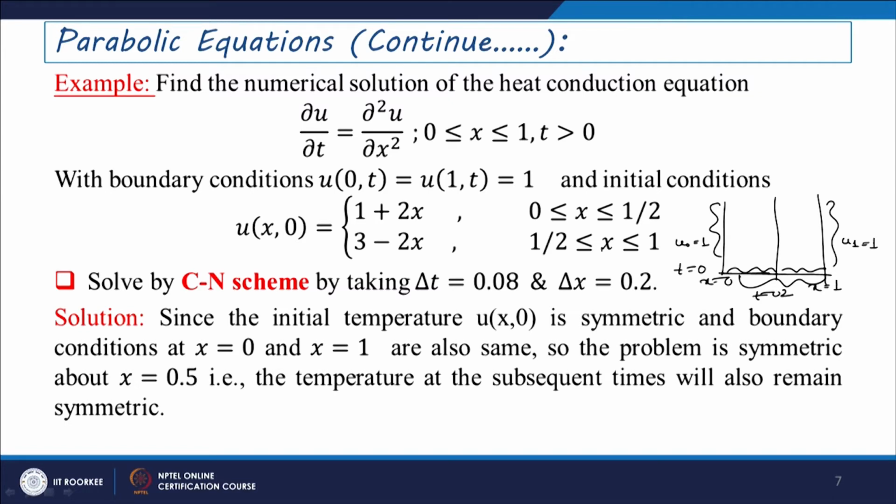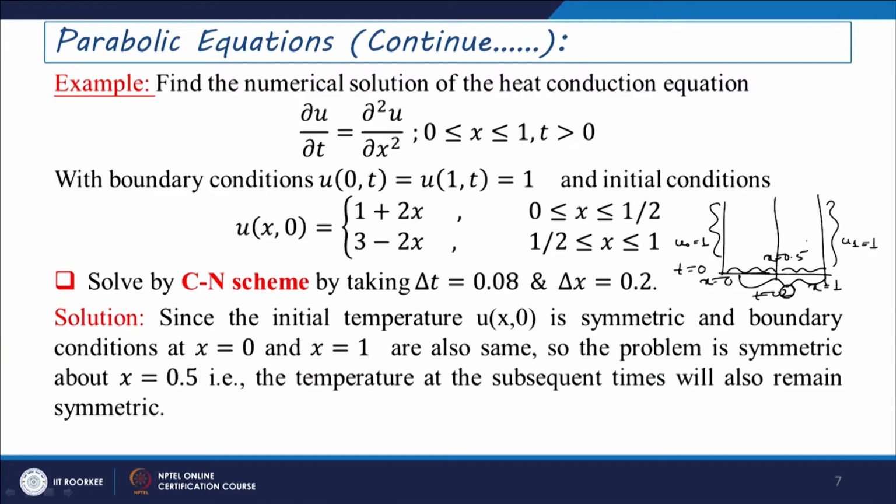And if we come to x equals half for this equation, we also get 2 here. So, that is why there exists symmetry at the center line of this equation. The problem is symmetric about x equals 0.5, and subsequently we can calculate the discretized domain at the first section and also in the last section of this domain.